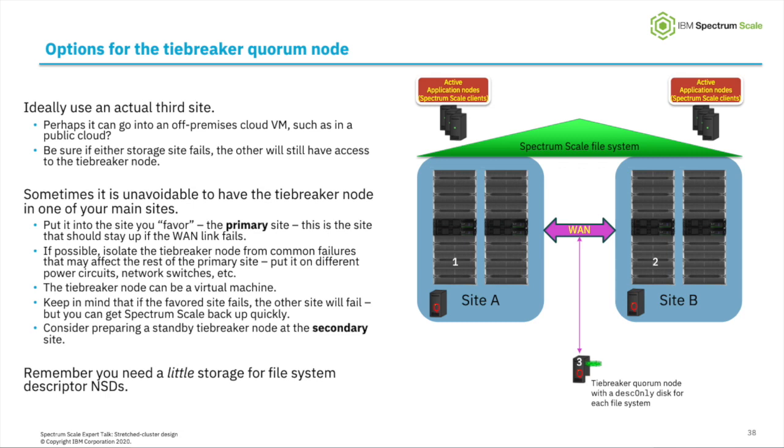That can help bring things back online quickly after a complete failure of your primary site, or if you need to temporarily take the primary site down for some planned maintenance. That can help you in making that a safe operation. Do remember that your tiebreaker quorum node needs a little storage for those file system descriptor NSDs.